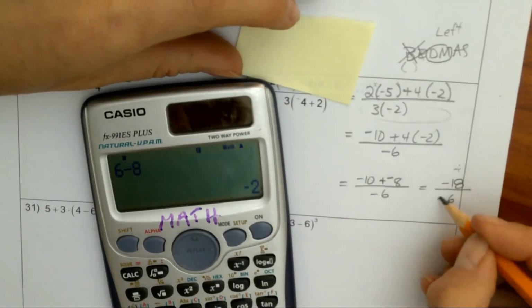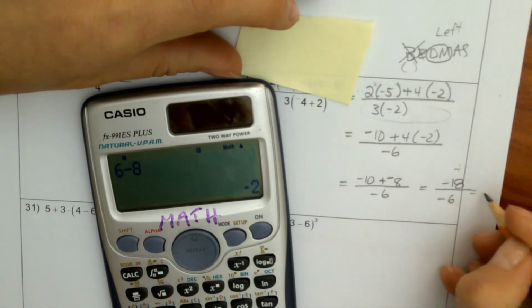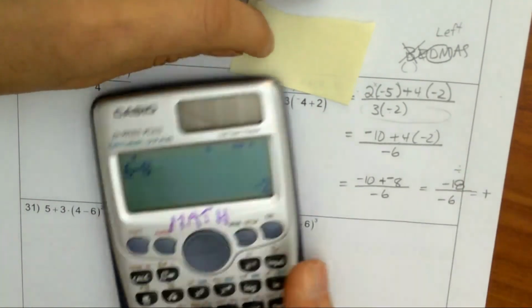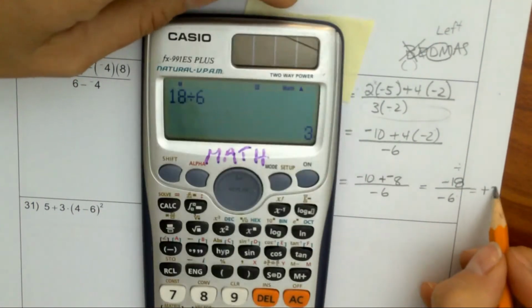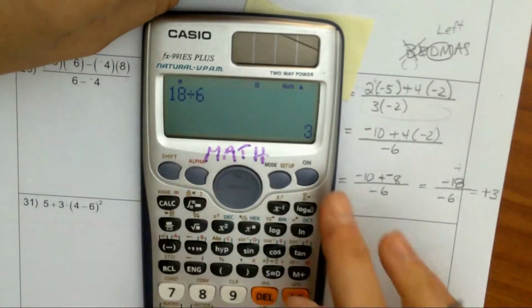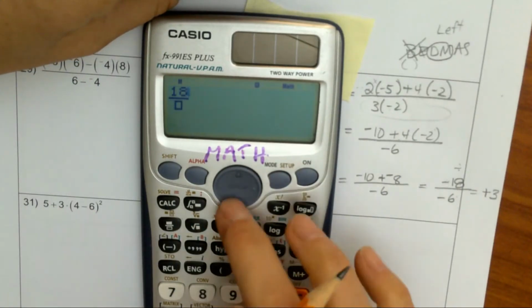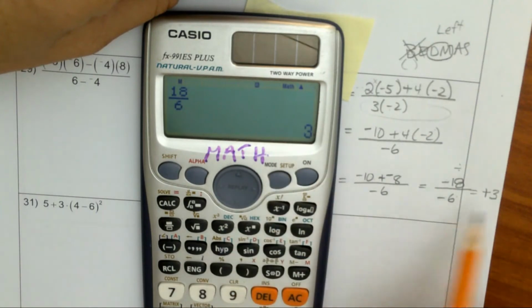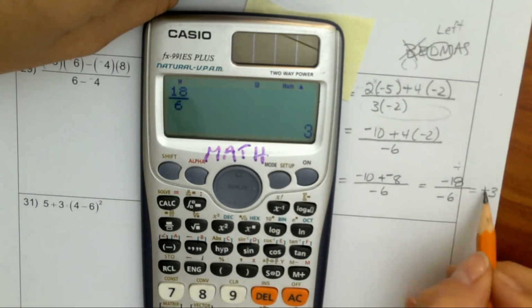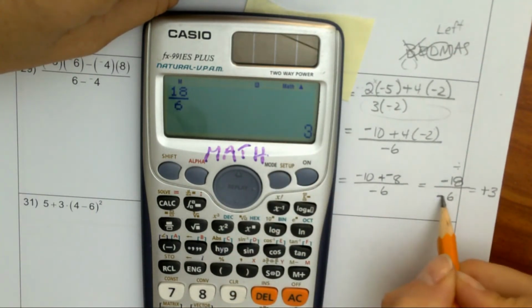So same sign or different sign? Same sign, so it's a plus. 18 divided by 6 is 3. Okay, you can use divide or you can use this button, the fraction button. Oops, it should be 6. And you can see that it's 3. And it's positive 3, because they're both negative. They're the same.